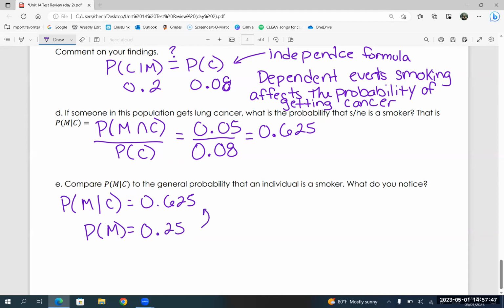So it's roughly 3 times higher, maybe a little bit less than that.